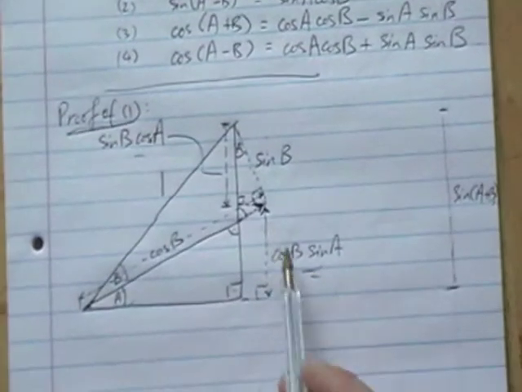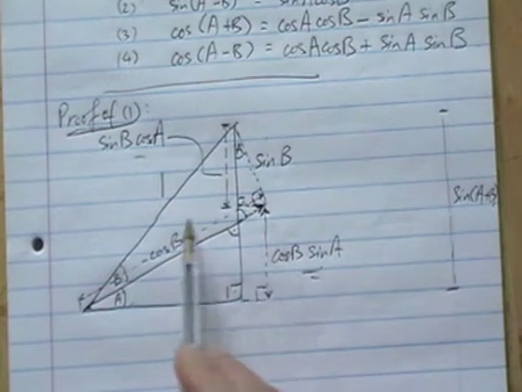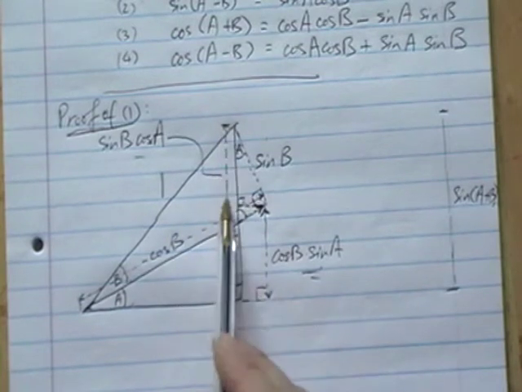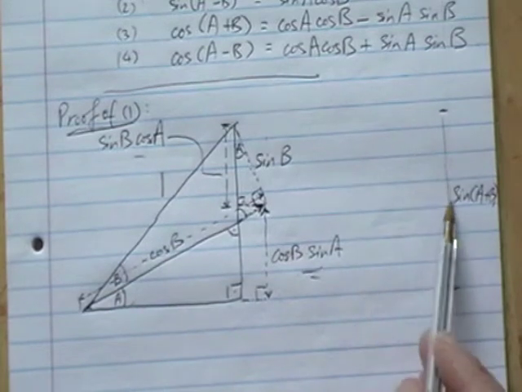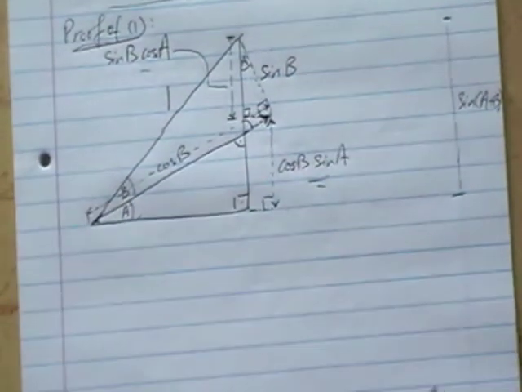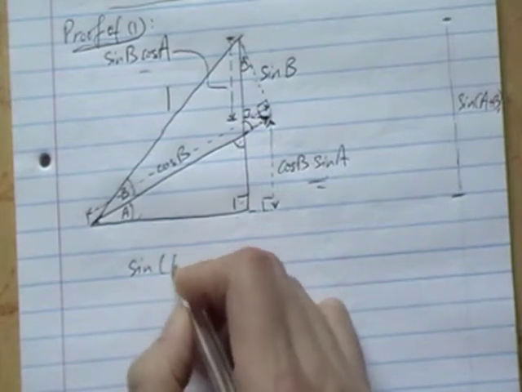And therefore, since this plus this, which is sine B cosine A, is equal to the overall height, which is sine A plus B, we can now write down this observation.